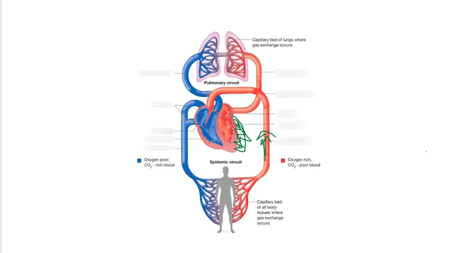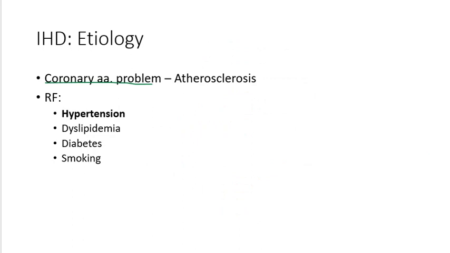Alrighty, regardless. So hypertension is a risk factor for atherosclerosis. Atherosclerosis is one of the causes of ischemic heart disease, because per etiology, a coronary artery problem is how you have ischemia to the heart.